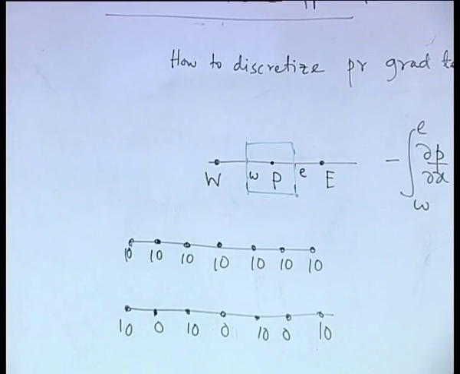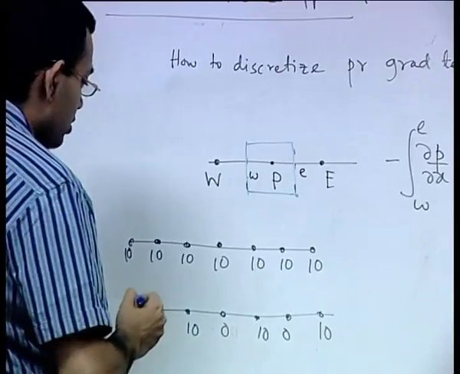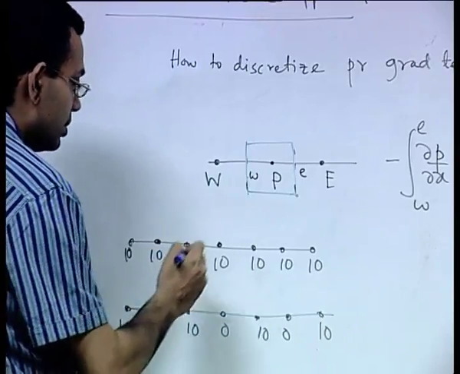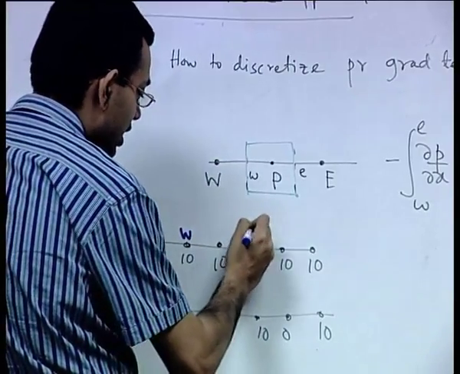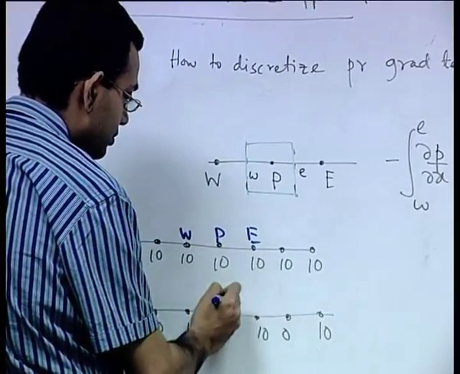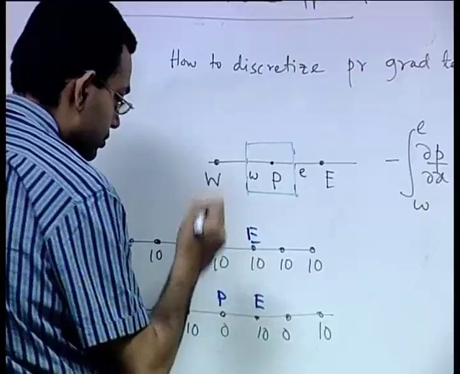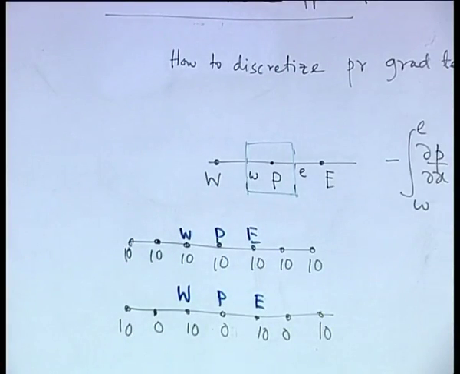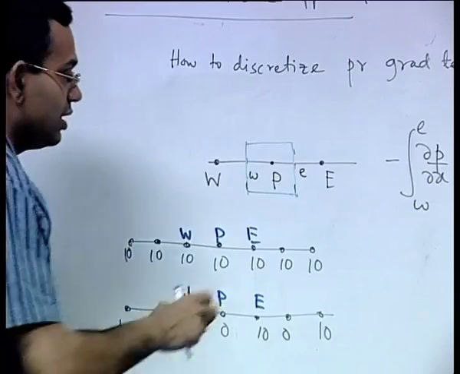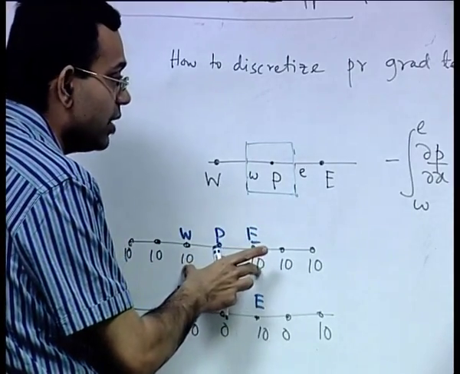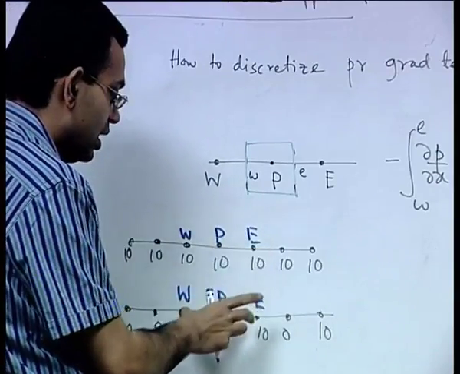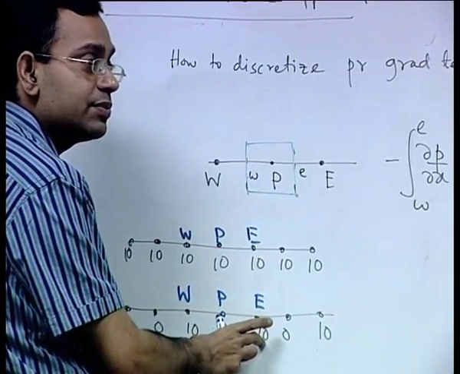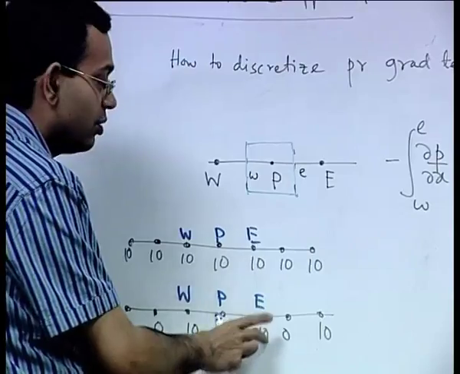Let us try to calculate the body force in these two cases. If you consider this as W, this as E and this as P, the body force term here is given by Pw minus Pe, that is 10 minus 10, 0. Here also it is given by Pw minus Pe, so it is 0.